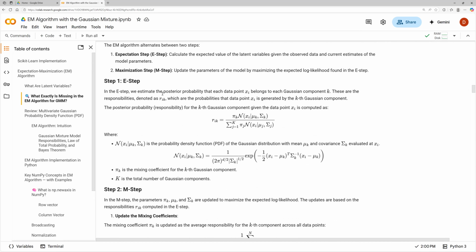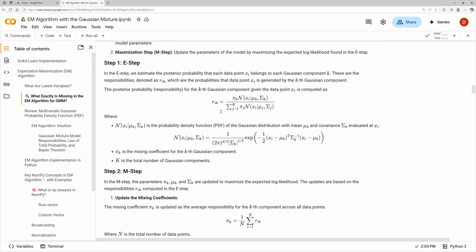In the E step, we estimate the posterior probability that each data point x_i belongs to each Gaussian component k. These are the responsibilities, denoted by R subscript ik, which are the probabilities that data point x_i is generated by the kth Gaussian component. So this is a posterior probability.